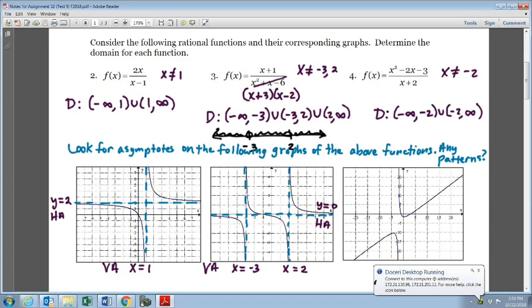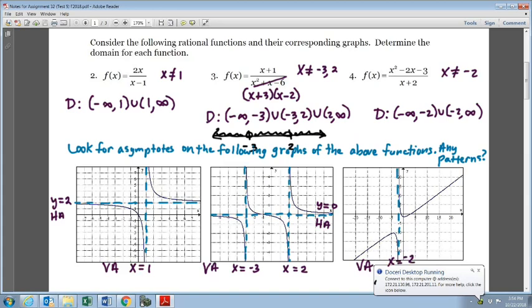The thing you should notice about these horizontal asymptotes is when it comes to the end behavior, that's where those horizontal asymptotes come into play. As x gets really big or x gets really small, the graph's getting closer and closer to the horizontal asymptote on each end.